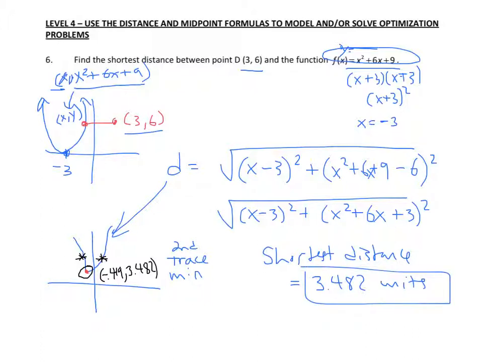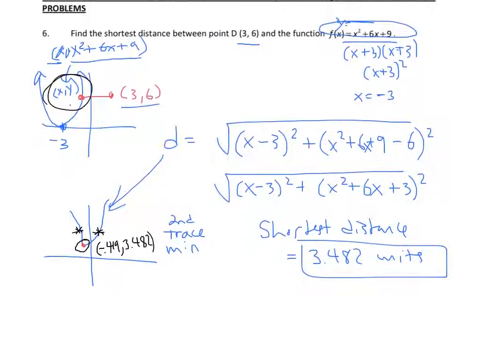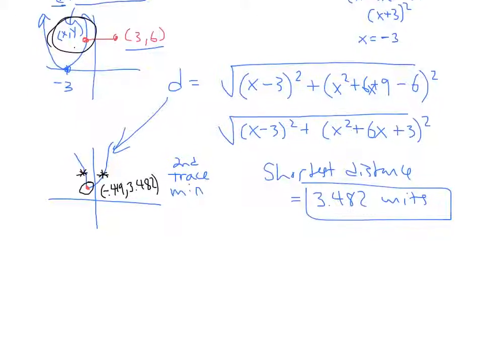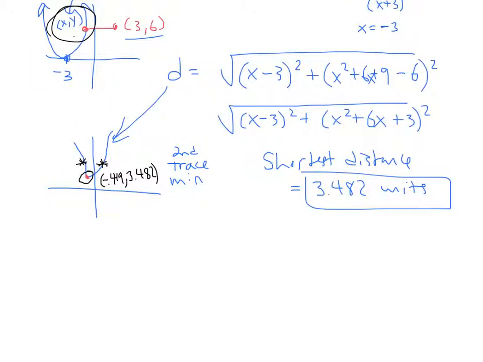Now, you might also be asked to find the coordinates of the point that's closest to the graph. If you have to actually find the coordinates of the xy pair, these coordinates up here, you are given the x coordinate when you find the minimum point of your distance formula.